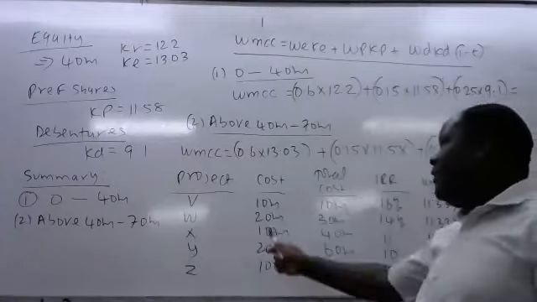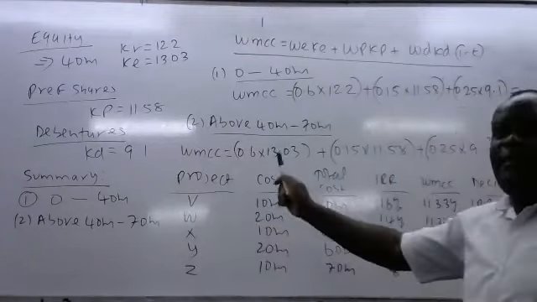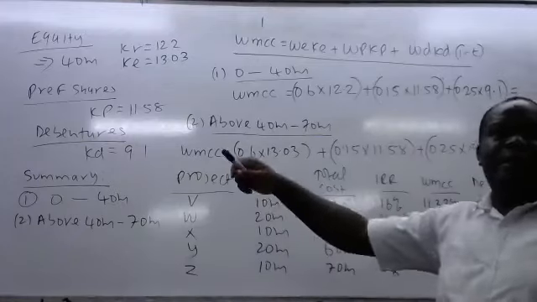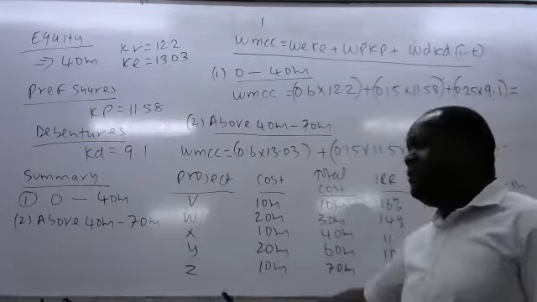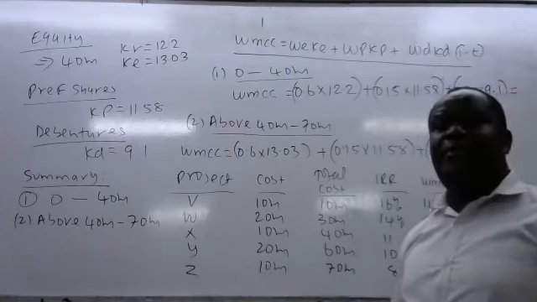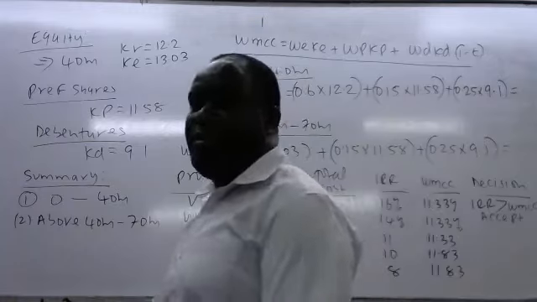So it is 10 plus 20, isn't it? We have accepted B and W. So their total cost is 30 million. That is 10 plus what? 20.